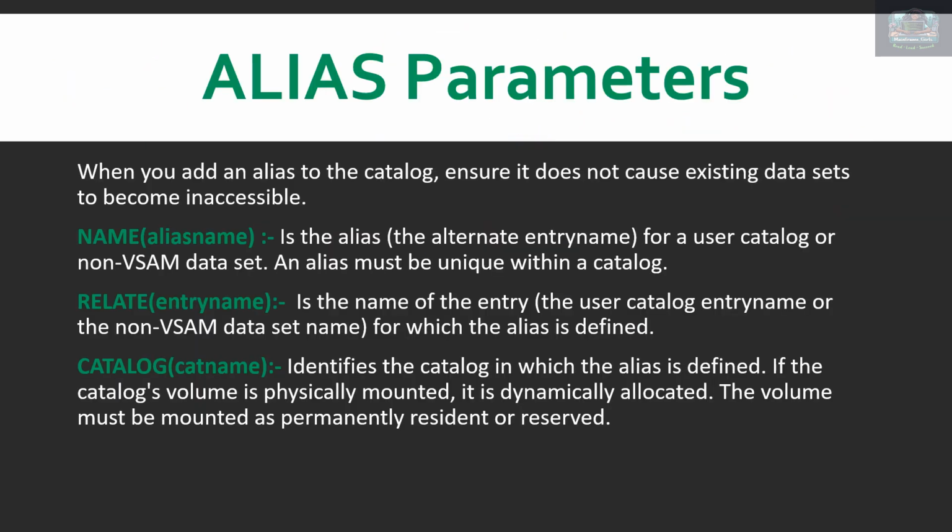Let me explain what these parameters mean exactly. The other important thing to keep in mind while creating an alias is that there should not be a duplicate alias. Every time there should be a unique name. If you're creating a user ID alias, the system will tell you that there is an alias with this name.